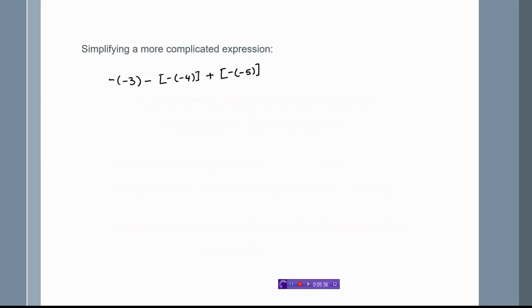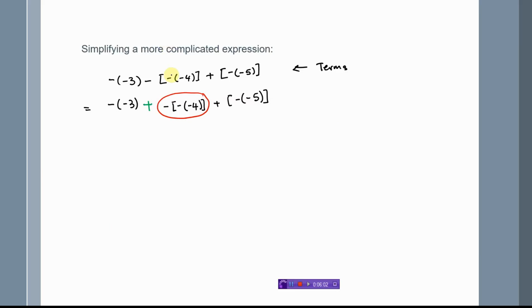Let's simplify a problem where we have lots of negatives. All right, let's see if you could do this. Go ahead, try it. All right, so simplifying this more complicated expression, hopefully you remember that terms are separated by a plus sign or an addition sign.